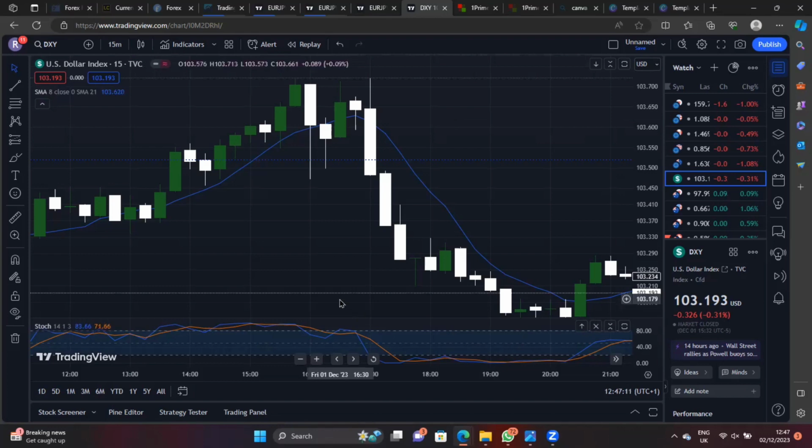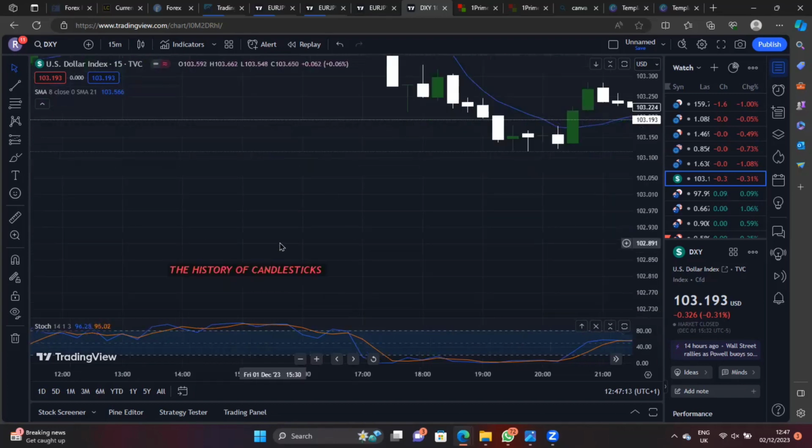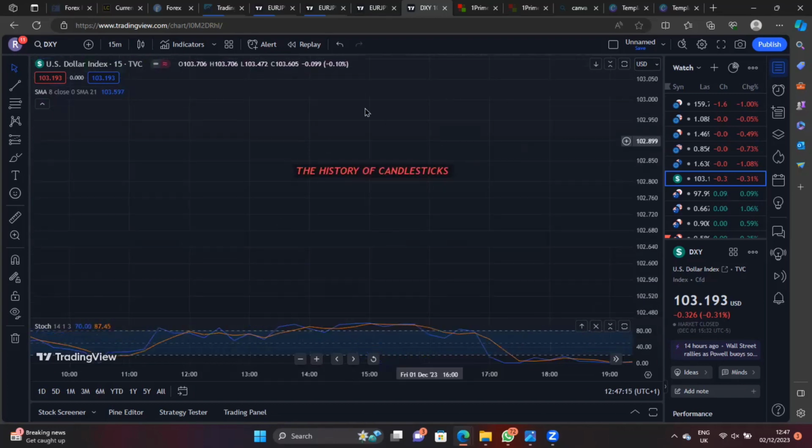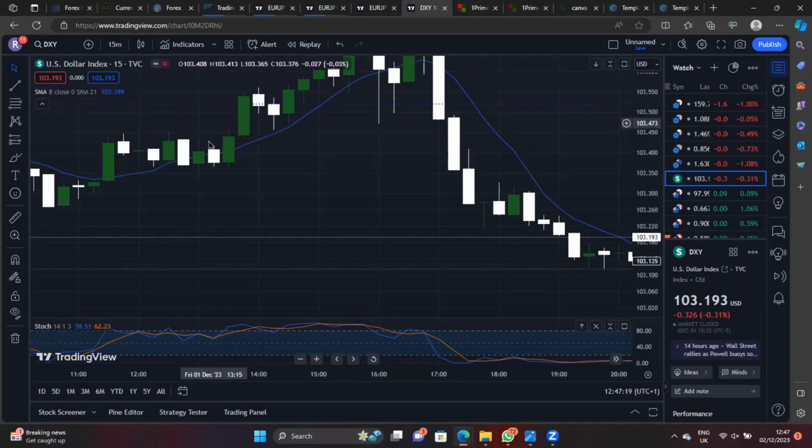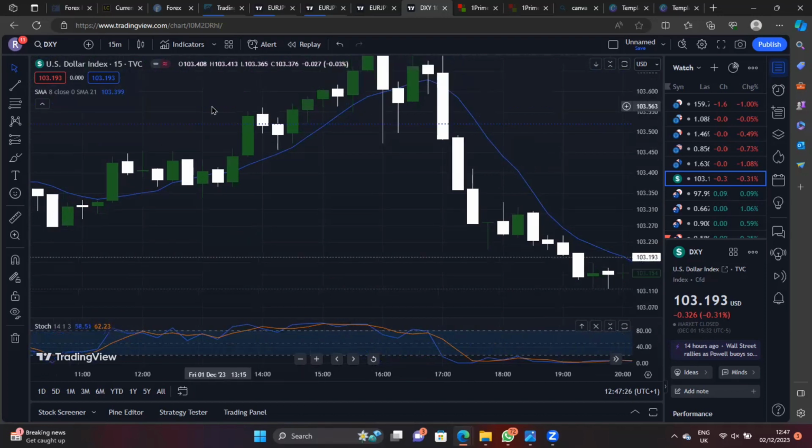When you're talking about the history of candlesticks, on which the basics of everything we're doing are built. Now, these candlesticks are not the market. It is important you take note of every single word.